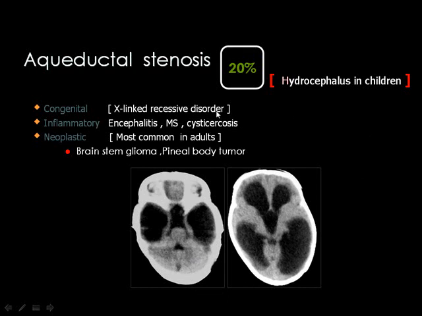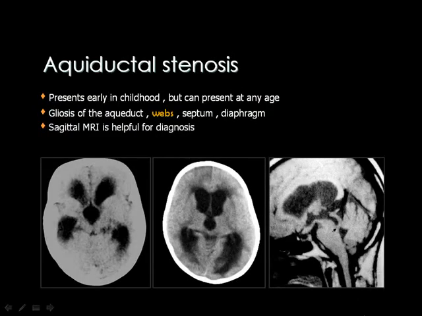Congenital stenosis of the aqueduct is usually the commonest cause, but inflammatory conditions like encephalitis or cysticercosis, and tumors occurring in the pineal body region, which is located here posterior to the third ventricle, or brainstem tumors can affect the aqueduct.